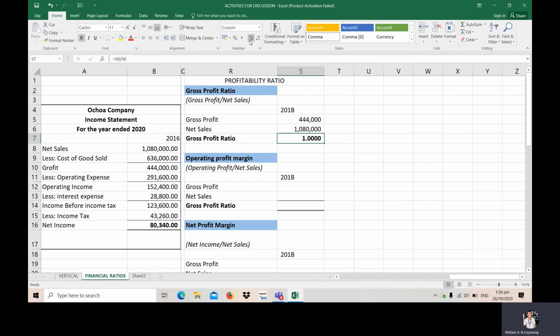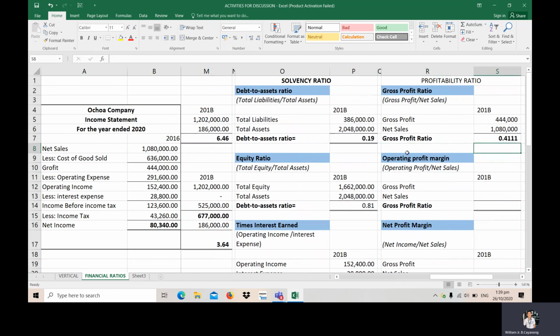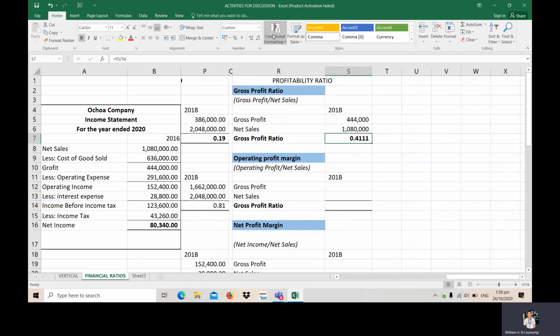Let's not round off. 444 divided by... Okay, there. So, just two decimal places. It's 41%. Therefore, our gross profit is 41% of our net sales.